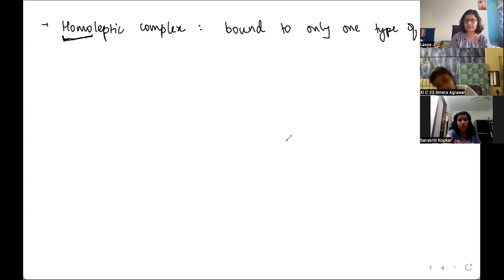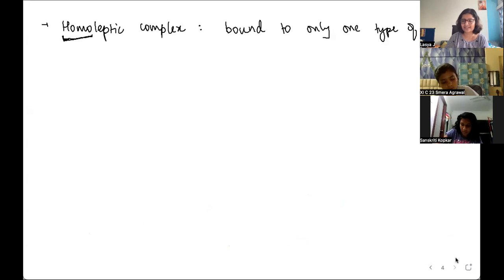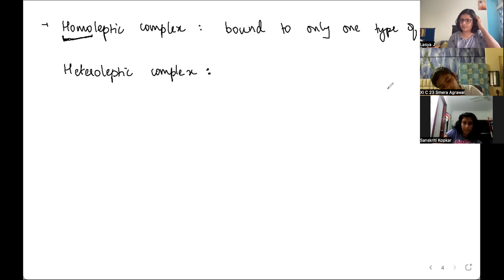अभी तक whatever examples I've taken have all been homoleptic complexes, but इसका opposite, when you have different types of ligands, homo का opposite, you get heteroleptic complexes. If you have multiple ligands within that coordination sphere, then it comes under heteroleptic.